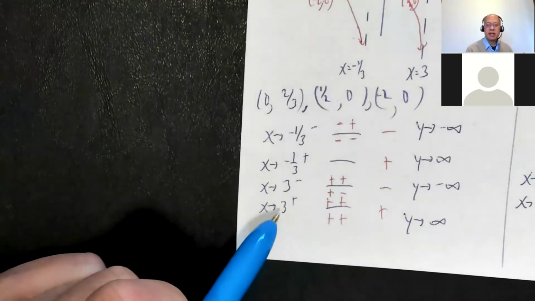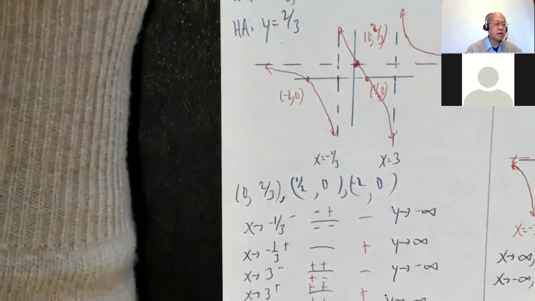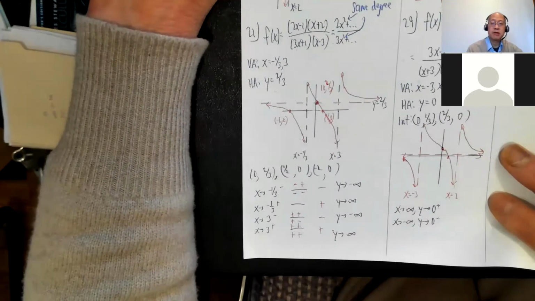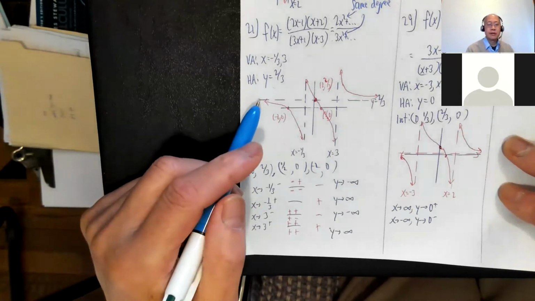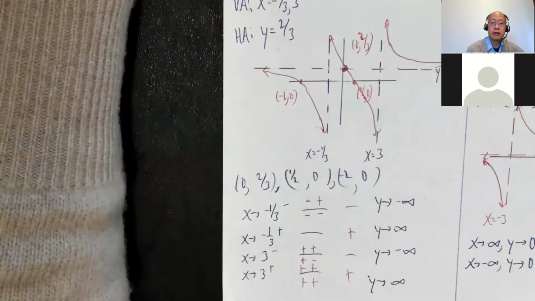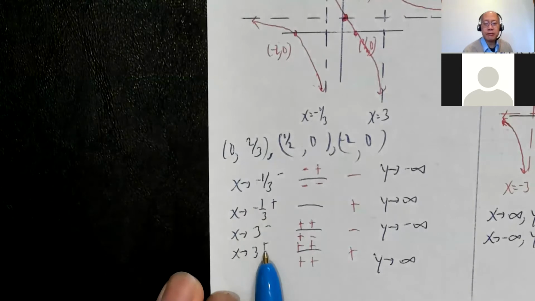So the expression is right here. I can't really show you both at the same time unless I make this smaller. I'll just keep it bigger and come up and down. As x approaches 3, the plus means from the right: 3.1.